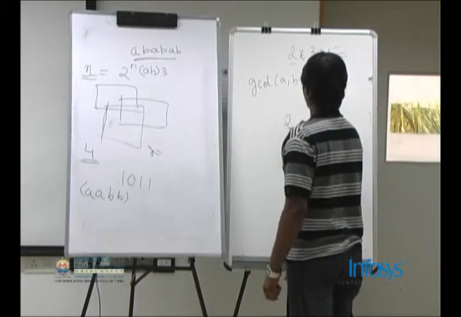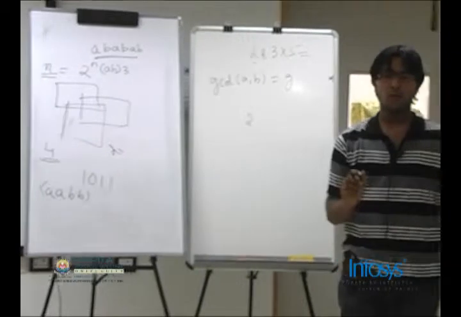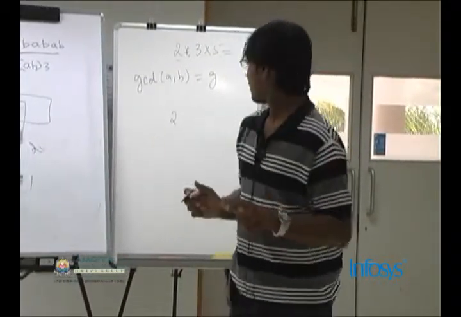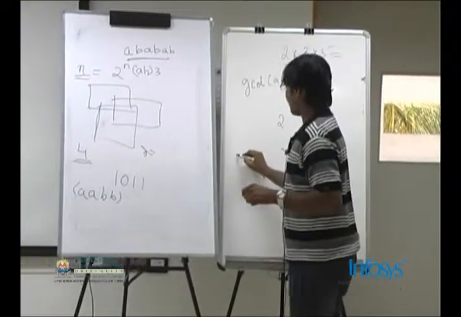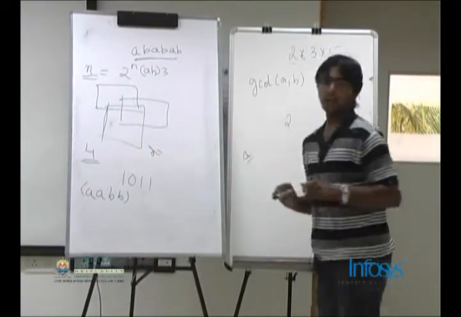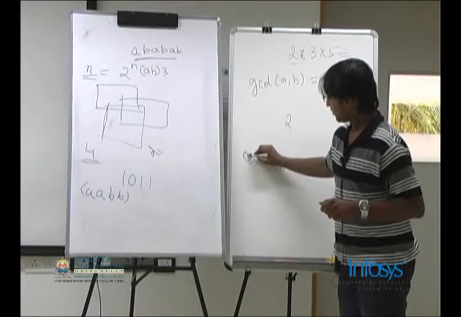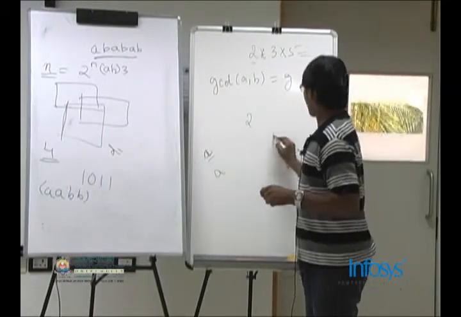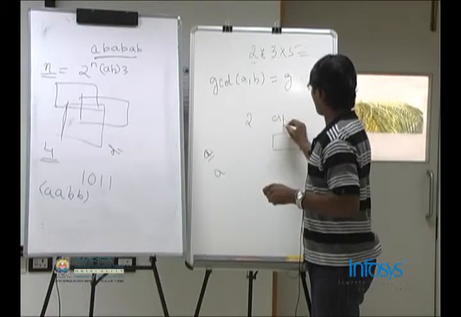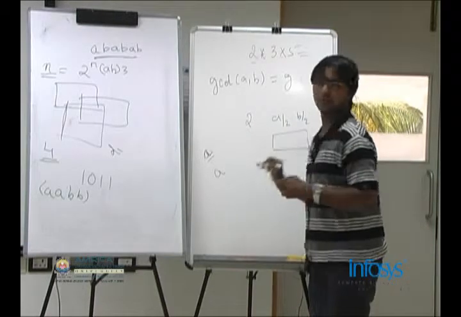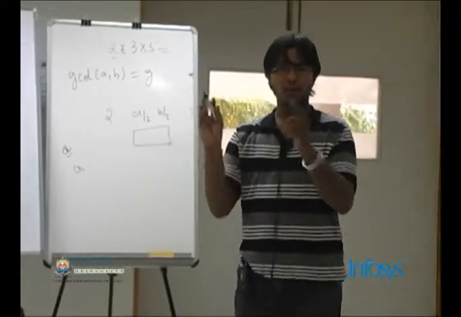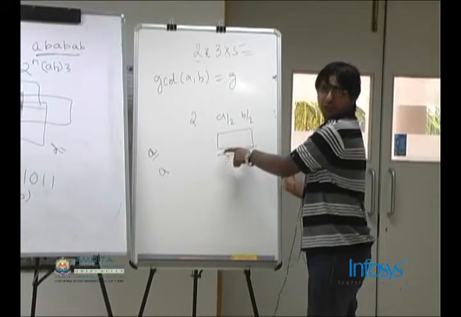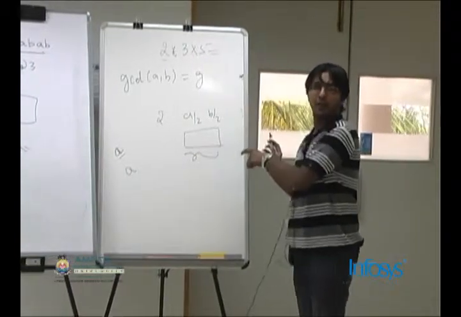If you are considering 2, then that will be the number of times this particular string will repeat. So what I am trying to say is that I'm constructing a part of the string which will have A by 2 A's and B by 2 B's, and I'll repeat this. If I construct all such strings, I'll just repeat the same pattern again.